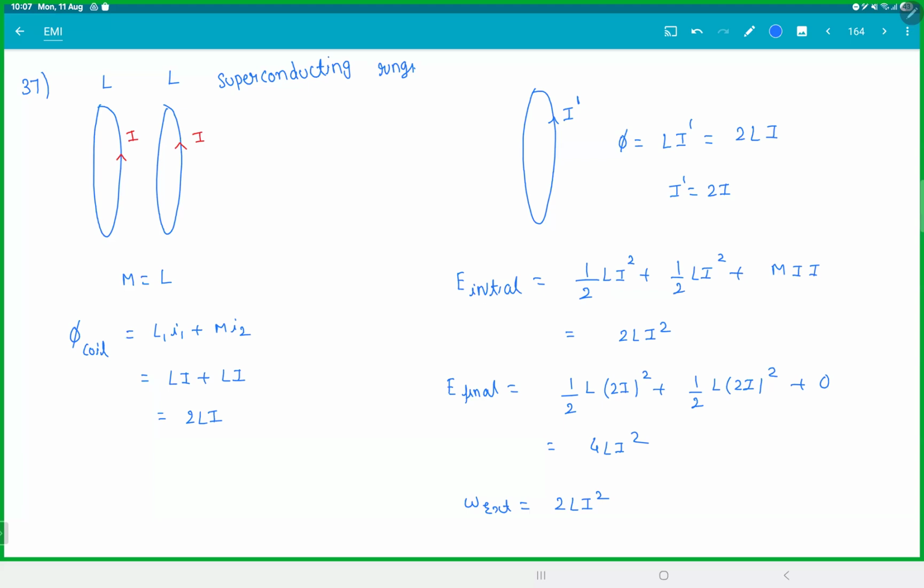So this much work you have to do because this is the increase in energy of the system. Clear? Yeah, that's a bit about the superconductors and the mutual inductance. Any doubts on this? Easy to solve, but you should know the concept.